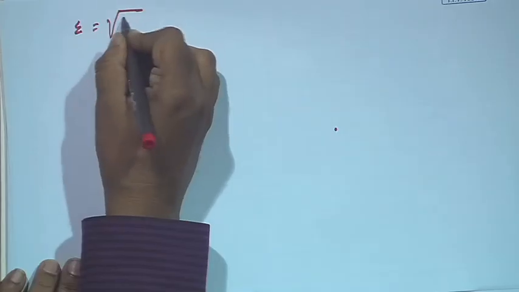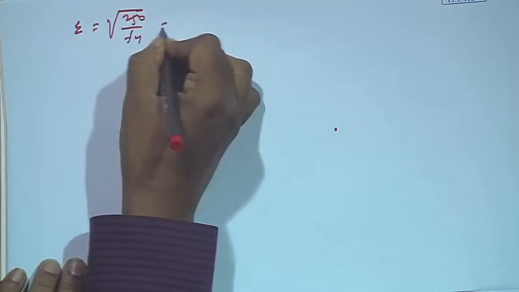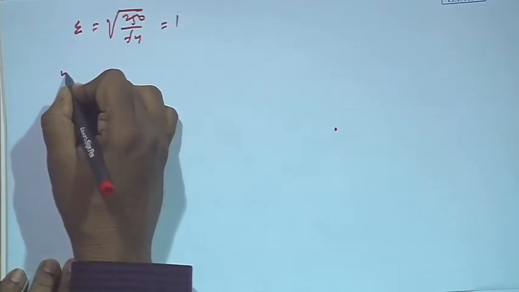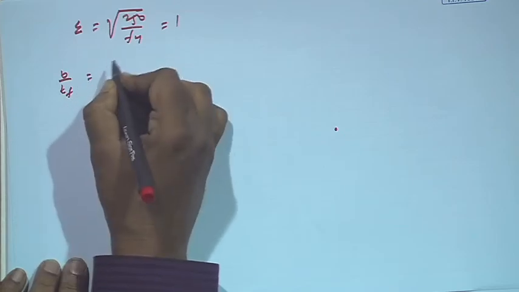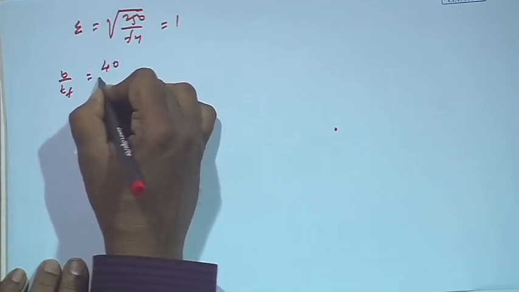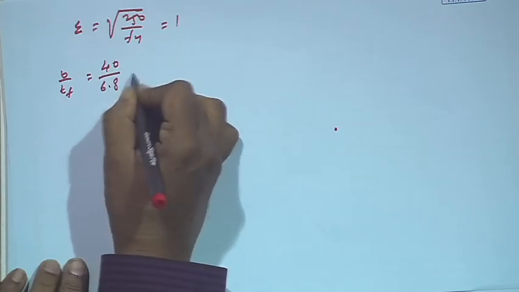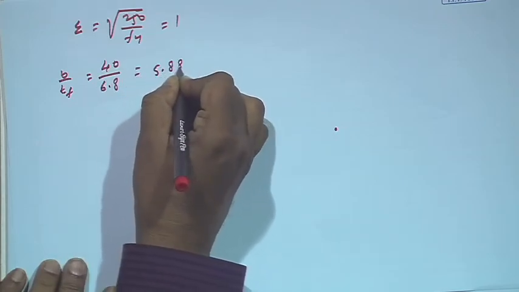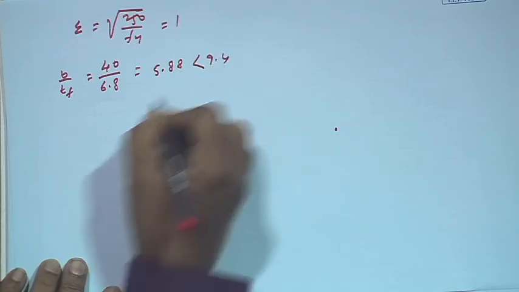Now, we need to know the section type. To classify the section, we need to know the b by tf ratio and d by tw, and also epsilon, which is 250 by fy, so here it will be 1. b by tf: bf was 80, so b will be 80 by 2, that is 40, and tf was 6.8, so it is 5.88, less than 9.4.